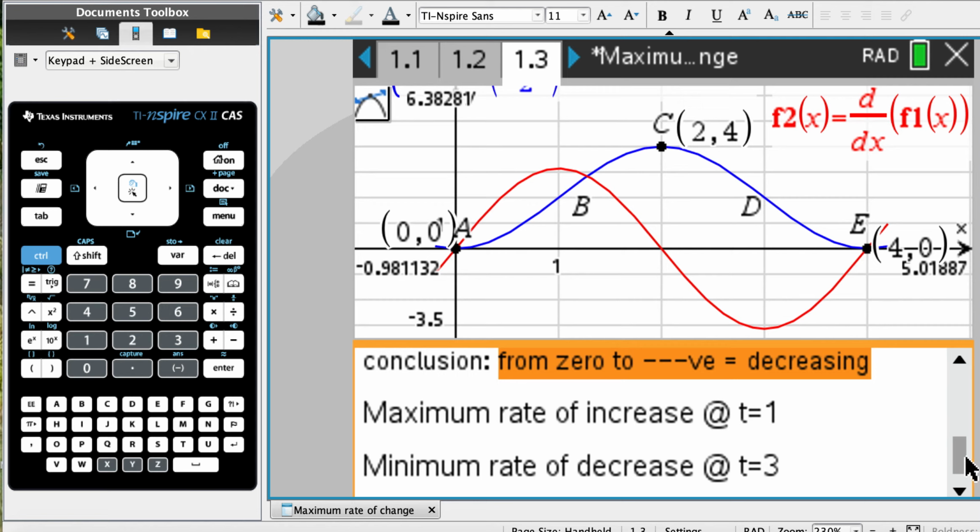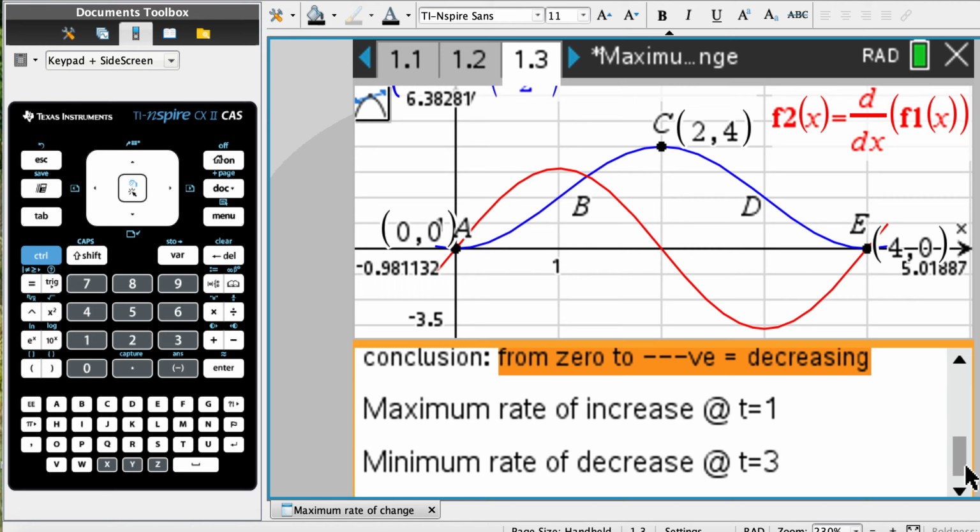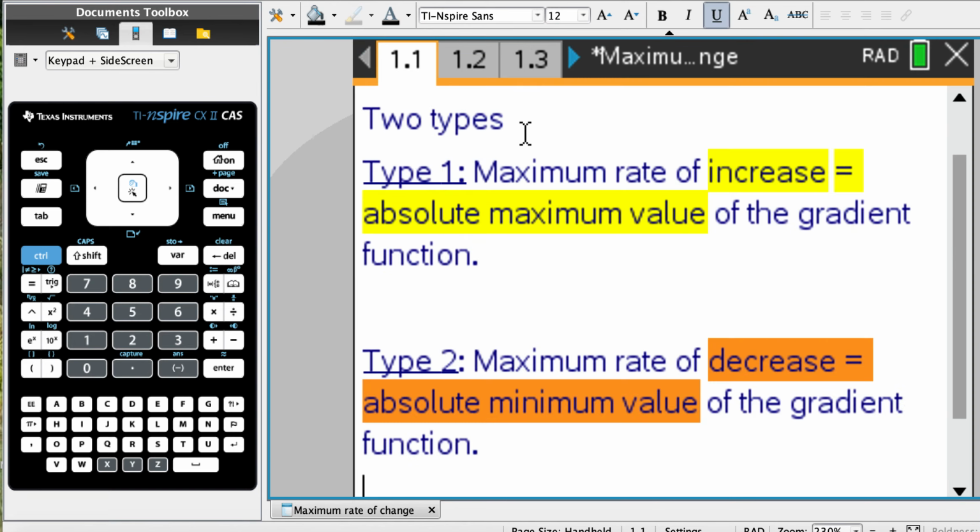And that is pretty much the theory behind this, girls. I would like you to watch this video a couple of times if you still don't quite get it. And what I want you to do is copy down these two summaries and put them in your bound reference somewhere. That is going to become very handy.